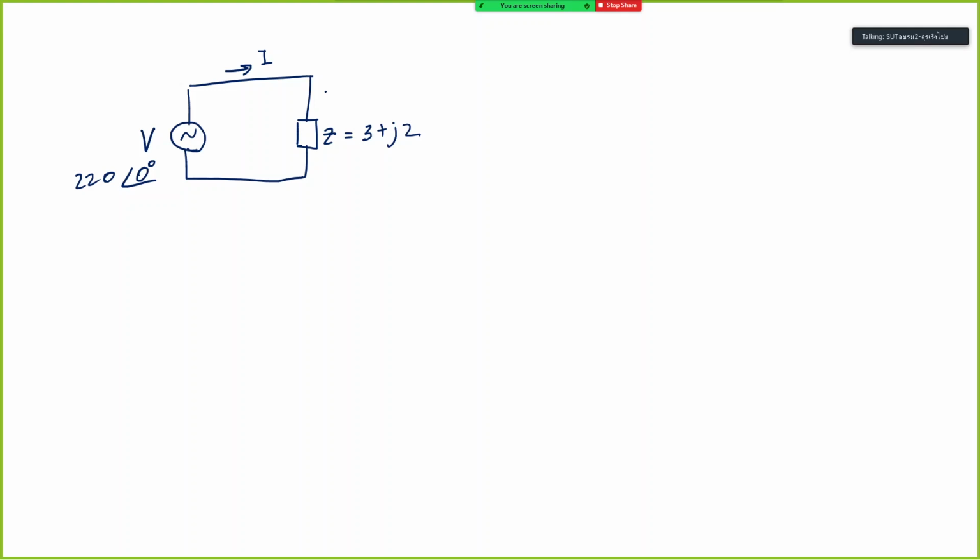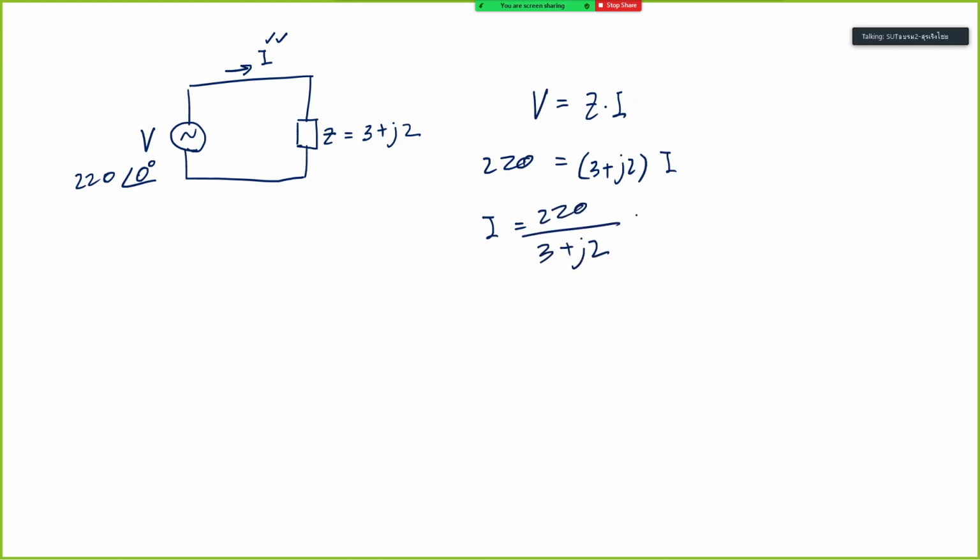So we can compute the current I by this formula: V equal to Z into I, so it will be 3 plus j2 times I, and this is 220. So the current would be 220 divided by 3 plus j2, and you need to solve this.